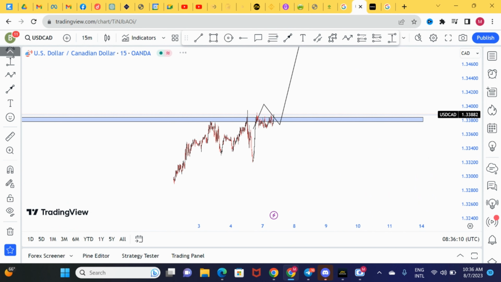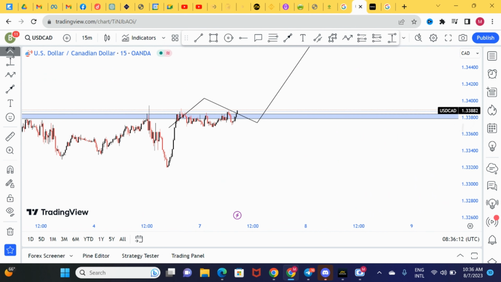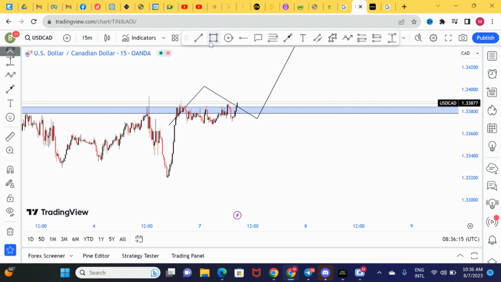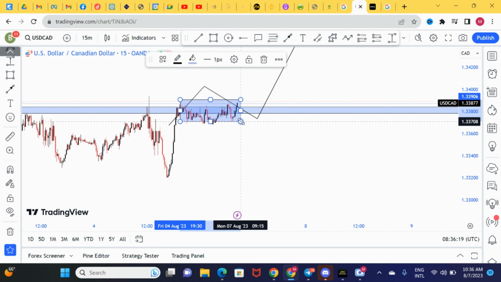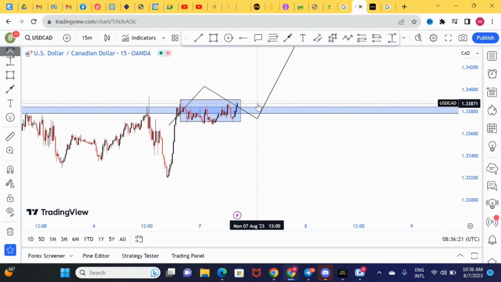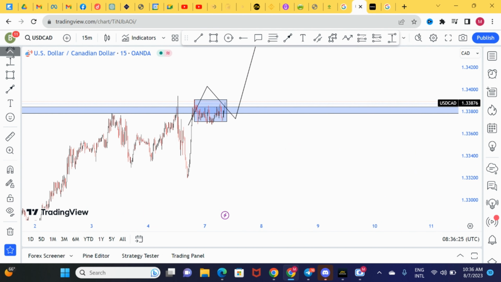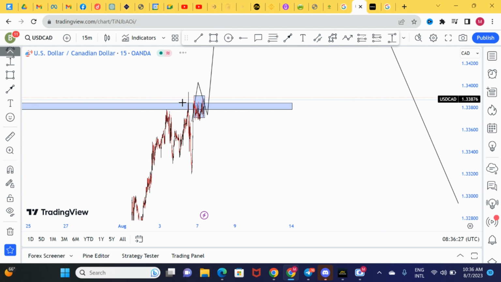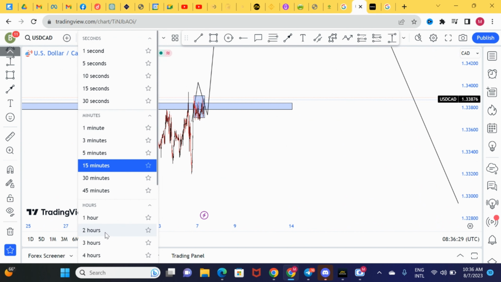You see, it has made this junction box, as I would call it. If it breaks out of that box and then retests, then we should be looking at going for a buy. So be on the lookout, and we will be trading that one.